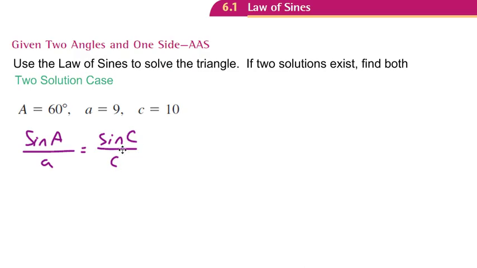So that's how I knew I was going to use those. Let's plug them in: sine of 60 degrees over lowercase a, which is 9, is equal to, we don't know what C is, so sine of C all over 10.